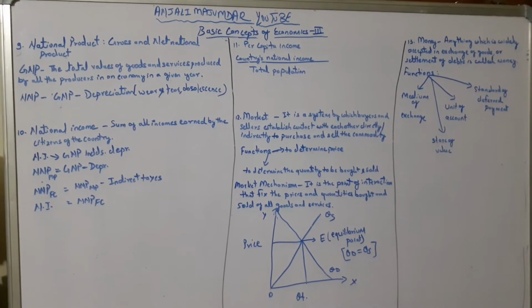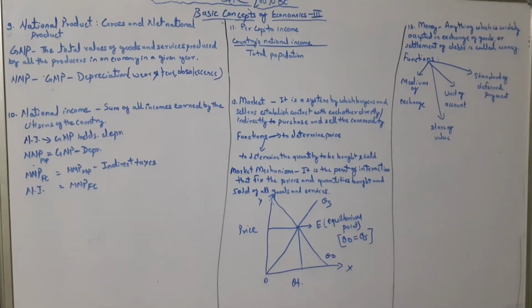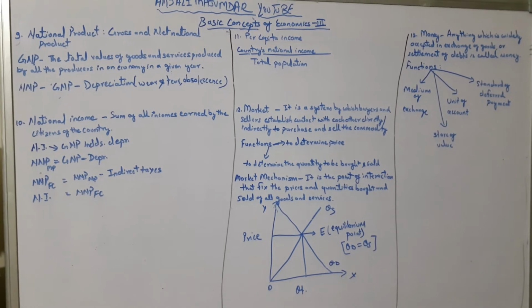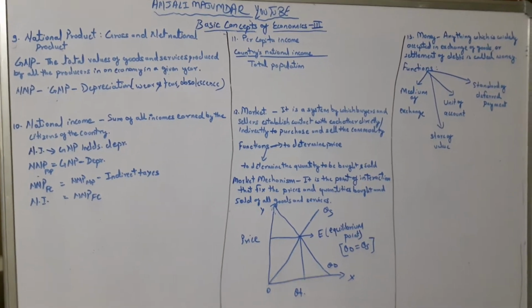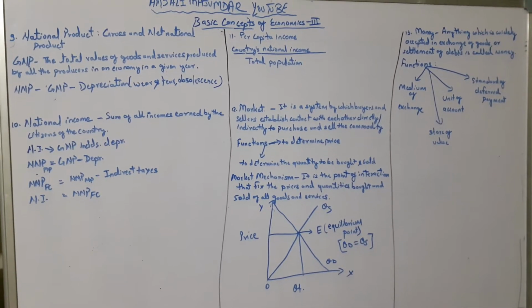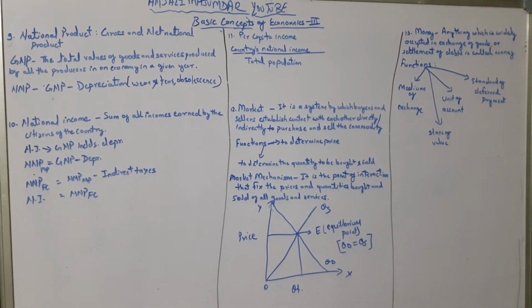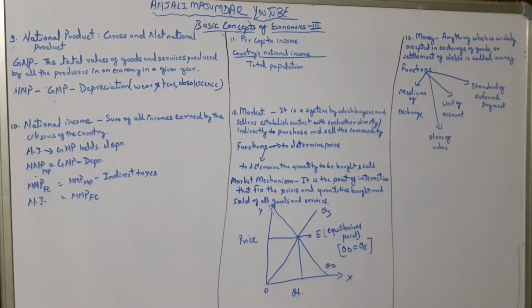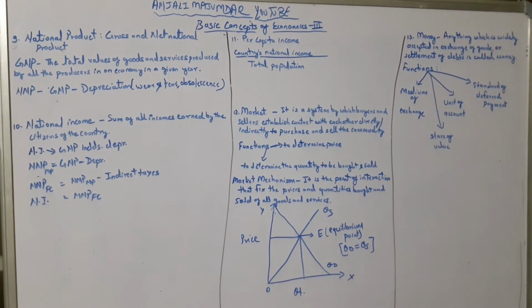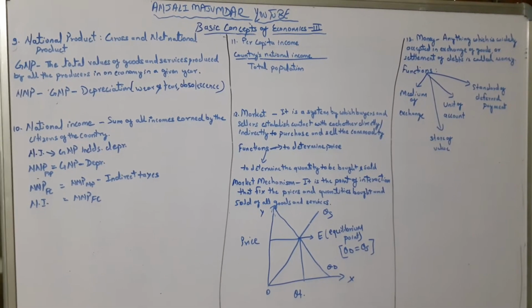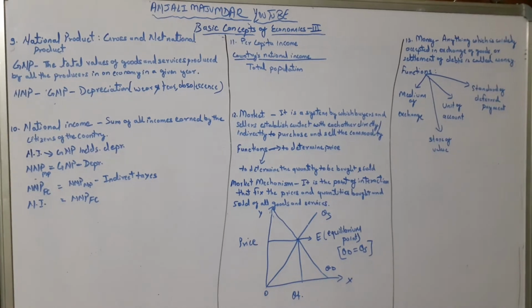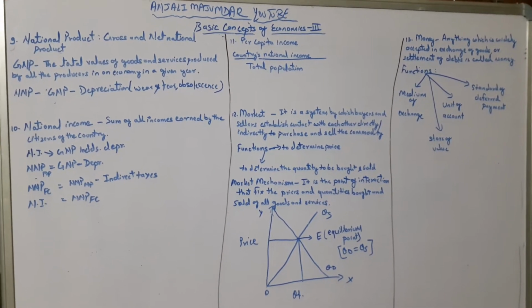If you see the formula here, in the last I've written NI is equal to NNP at FC. That means national income means net national product at factor cost. Remember, when you add the monetary value of all goods and services, you will get GNP. From GNP you calculate NNP. How to calculate NNP?